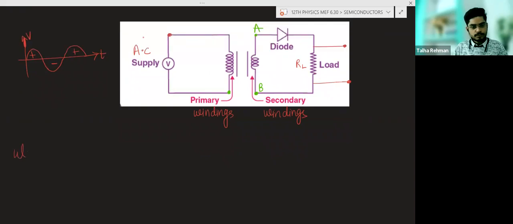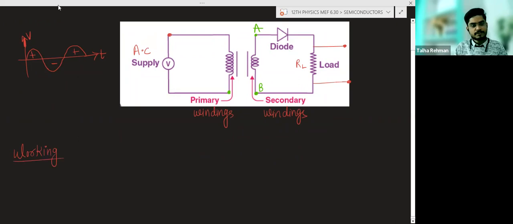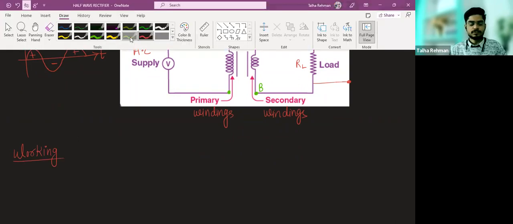Now, working of the half wave rectifier.